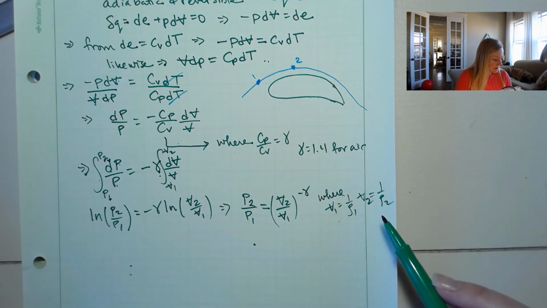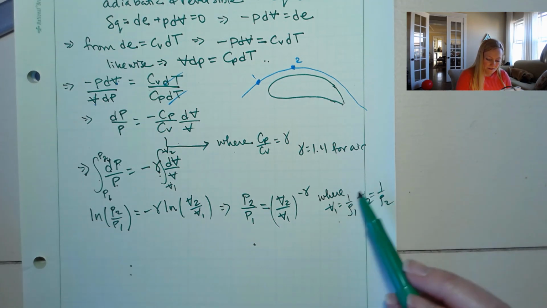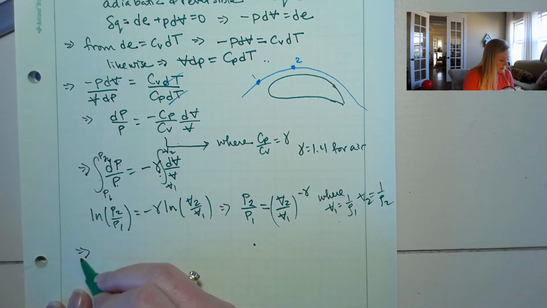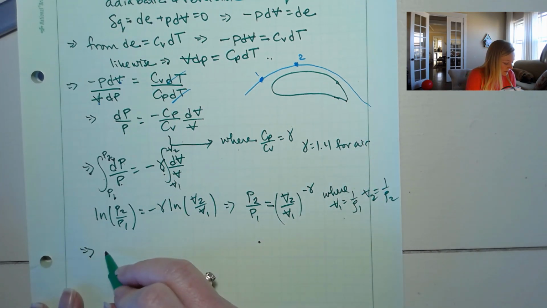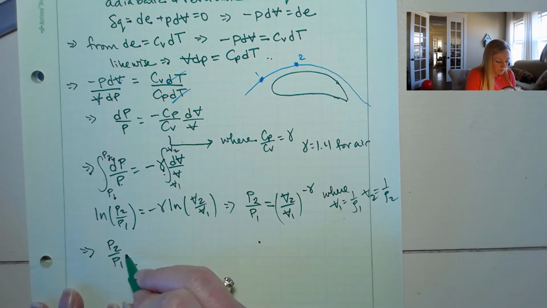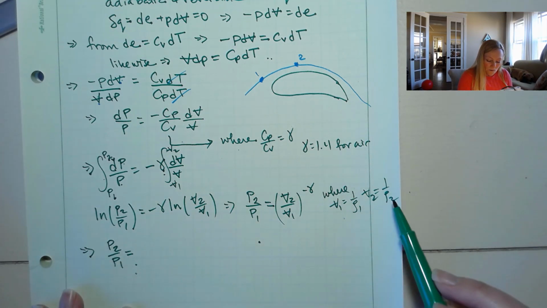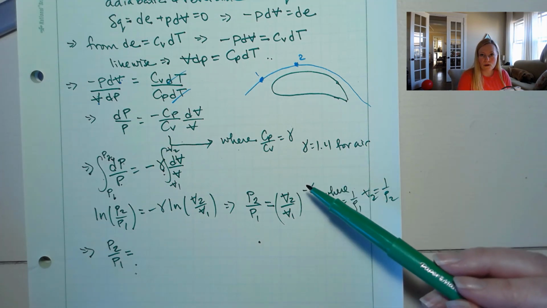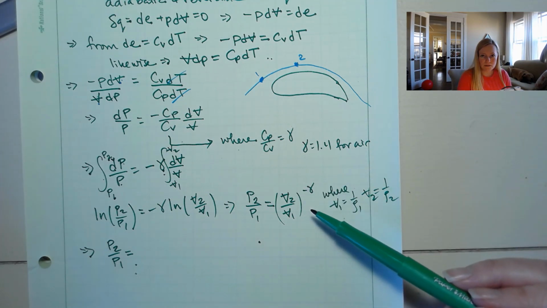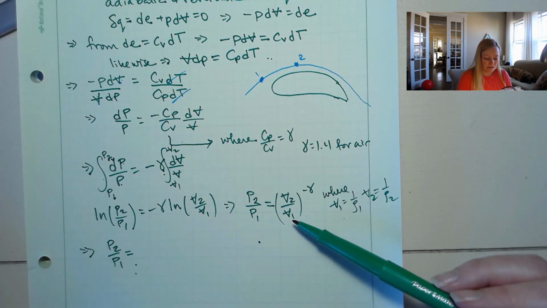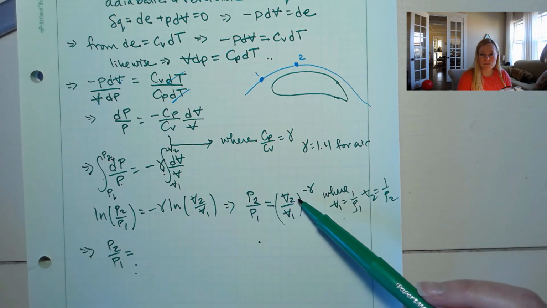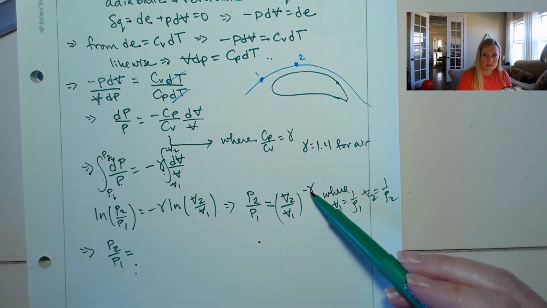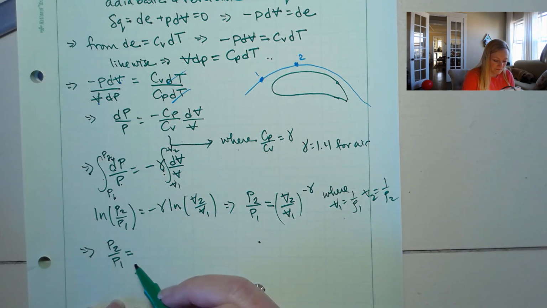When you plug these two in here, what we end up with is P2 over P1. Since they're fractions, you're going to end up with rho 1 on top and rho 2 on the bottom. In order to keep it consistent, we want the 2 terms in the numerator on both sides, so we're going to switch the sign of that exponent.